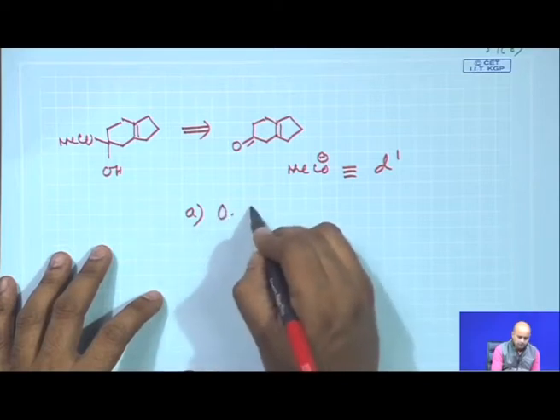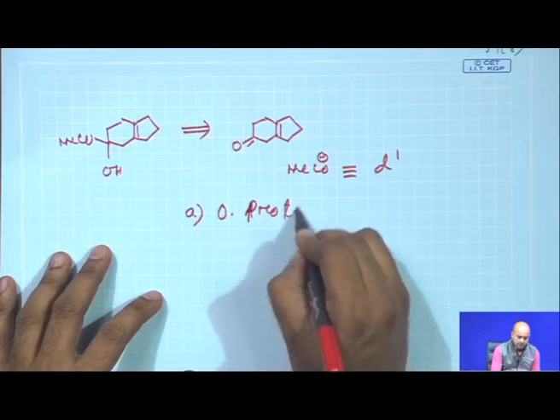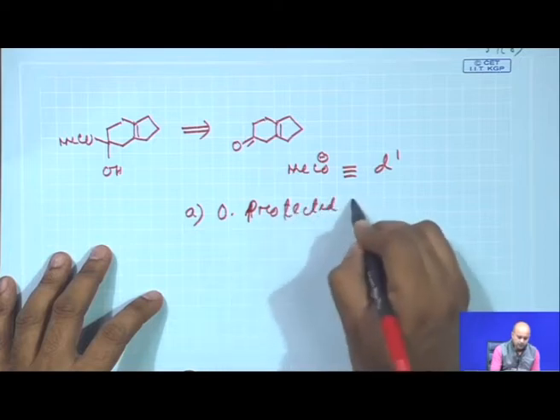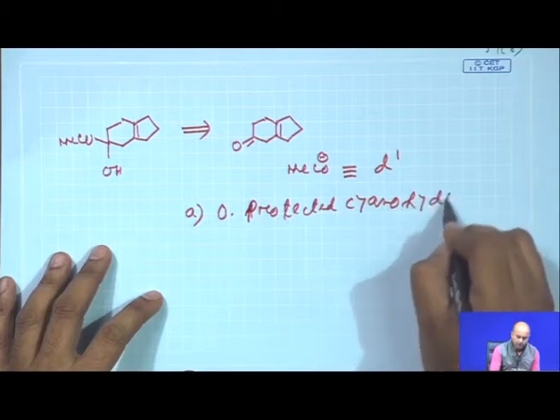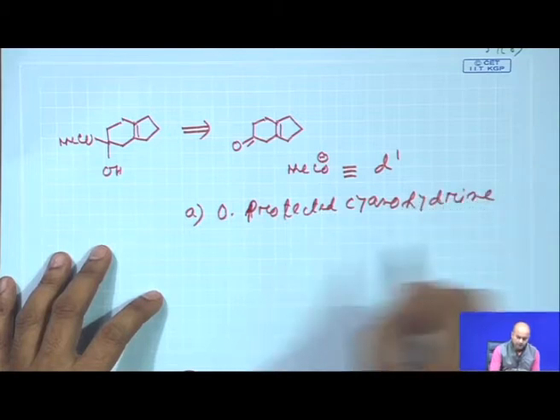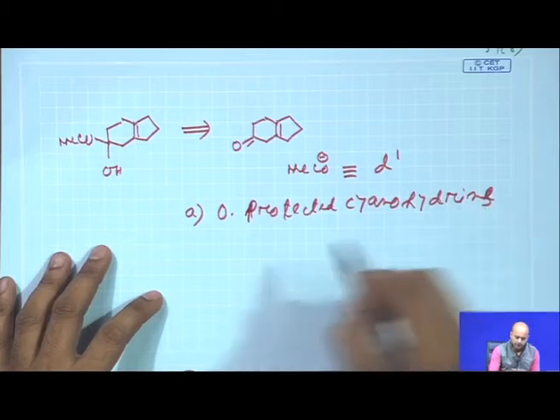You can also synthesize it through O-protected cyanohydrin, the chemistry which was first discovered by Professor Gilbert Stork. Go back to your earlier lecture on O-protected cyanohydrins.